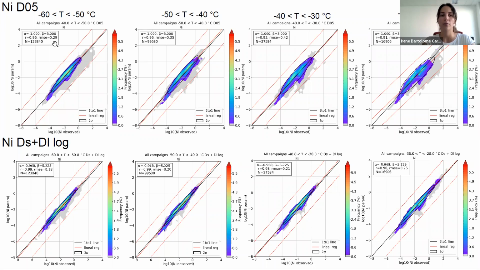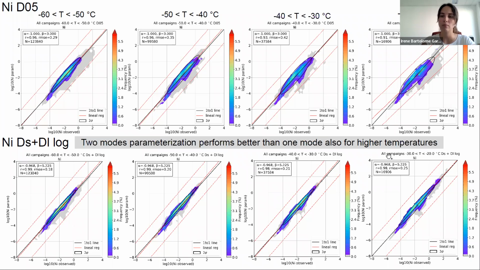For the DO5, it goes from 0.29 for around -60 degrees to 0.52 for the warmer temperatures. And in the case of the two-mode parametrization, it stays around 0.20. So, as I said, the two modes perform better than one mode for higher temperatures.